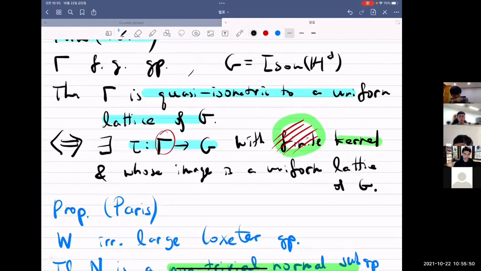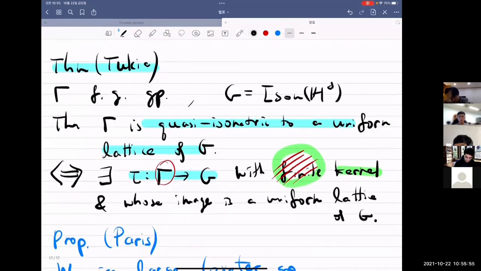Because if W prime is isomorphic to a uniform lattice, then it means that W prime is quasi-isometric to a uniform lattice.